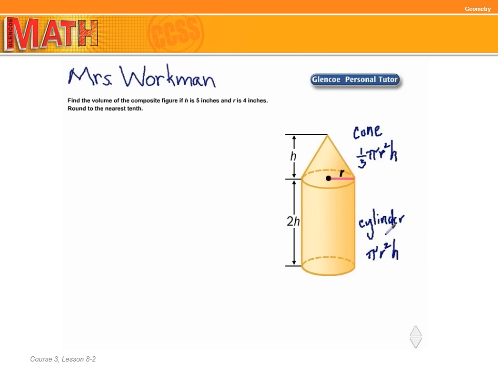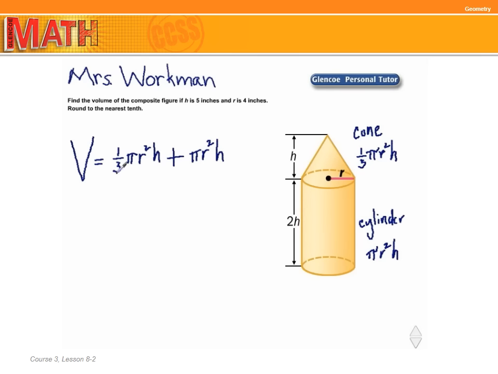So if we want the volume for the entire figure, it would be V equals 1/3 pi r squared h. That would take care of the cone, plus, here's the volume formula for the cylinder part.